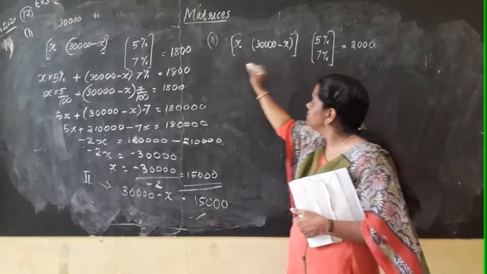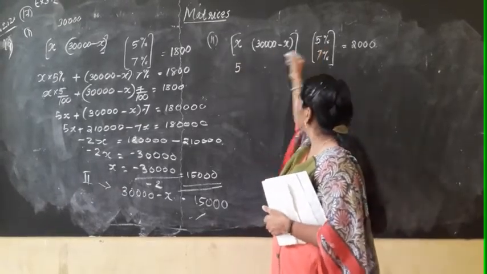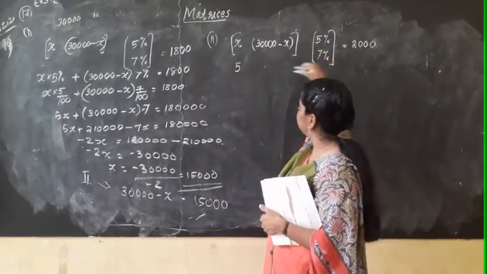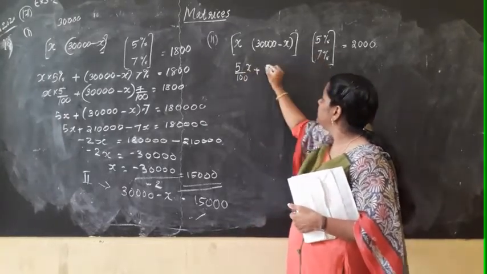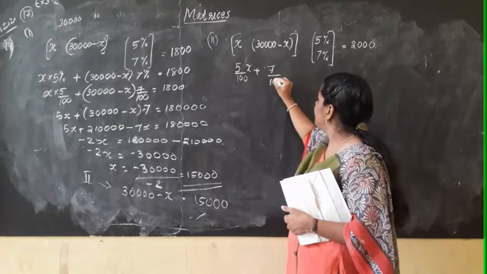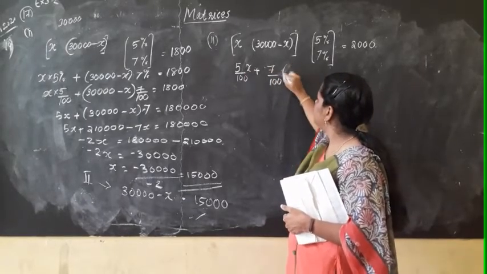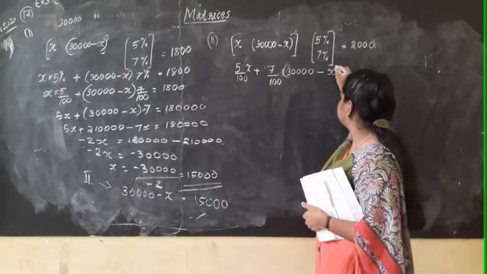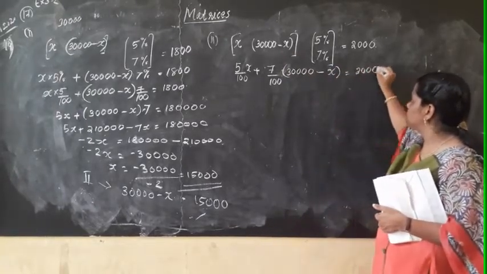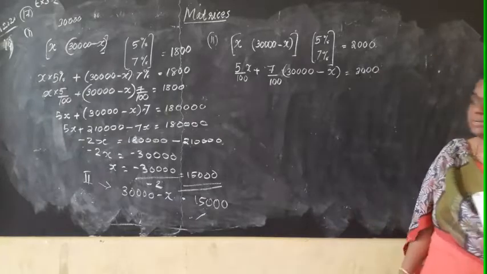Then multiply this, 5% of X. Percentage we can write 5 by 100 into X plus 7 by 100 into 30,000 minus X is equal to 2,000. Understood? Okay.